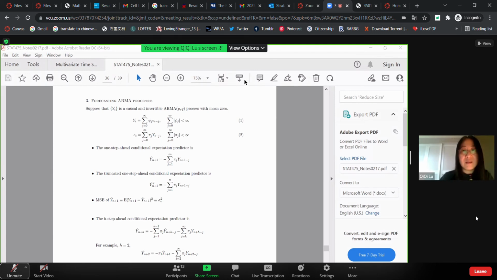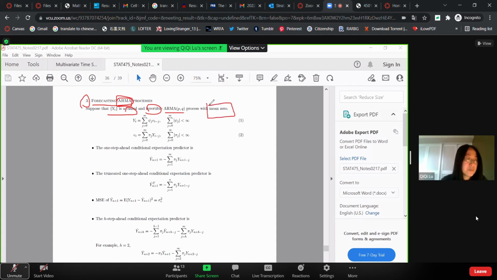And in this section, we just want to forecast for the ARMA model. This is only for the ARMA model. Okay. And suppose Yt is a causal invertible ARMA(p,q) process. Again, we need mean 0.